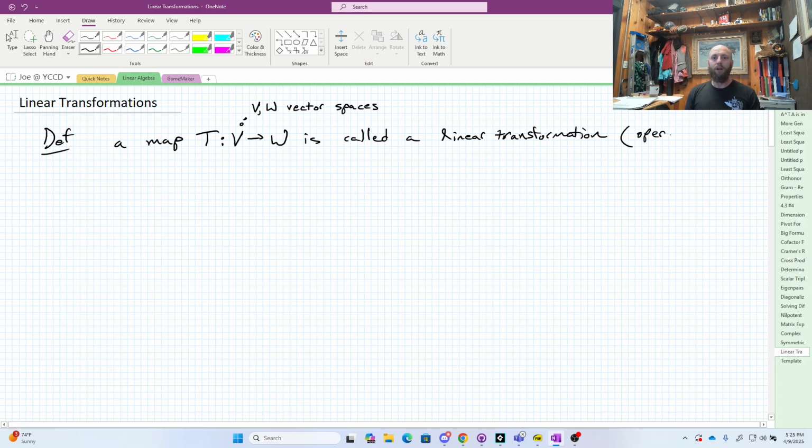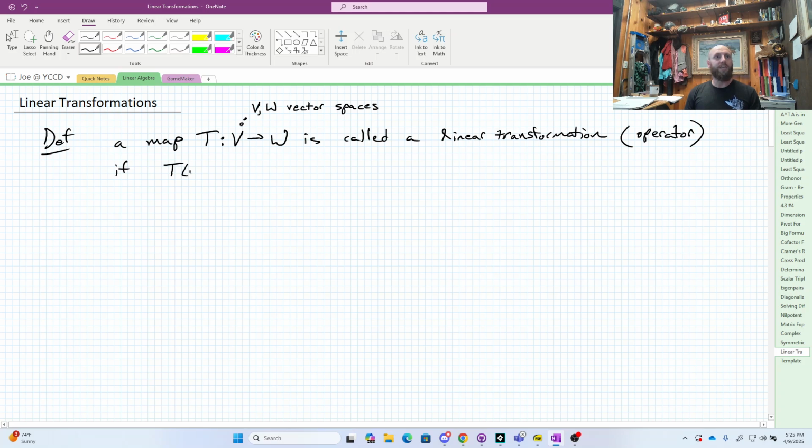Sometimes said operator. I'm really guilty of using the word operator and transformation interchangeably. Some authors take issue with that. I personally don't find that distinction to be super duper helpful, but I'll tell you what it is here in a minute. So a map T between two vector spaces is called a linear transformation if two things hold.